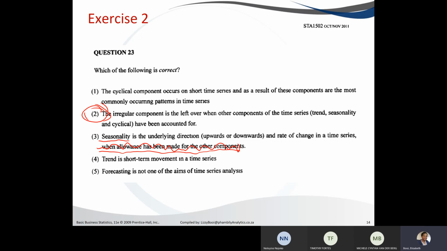So you can take those errors or your residuals and plot them, and they will give you your trends in terms of your time series components. Okay, and that is the basic concepts of time series.